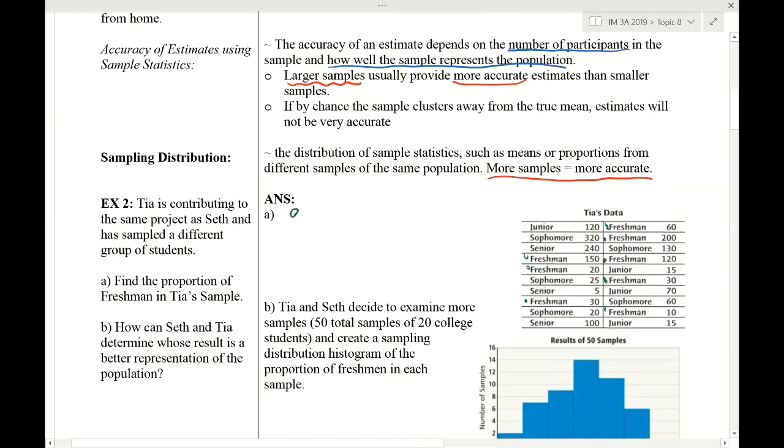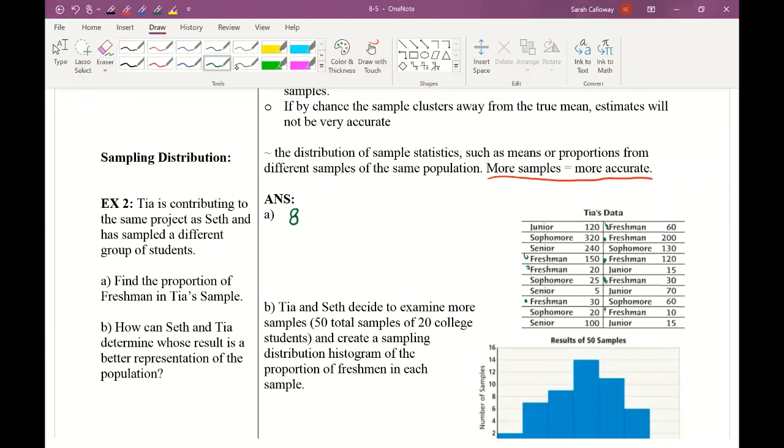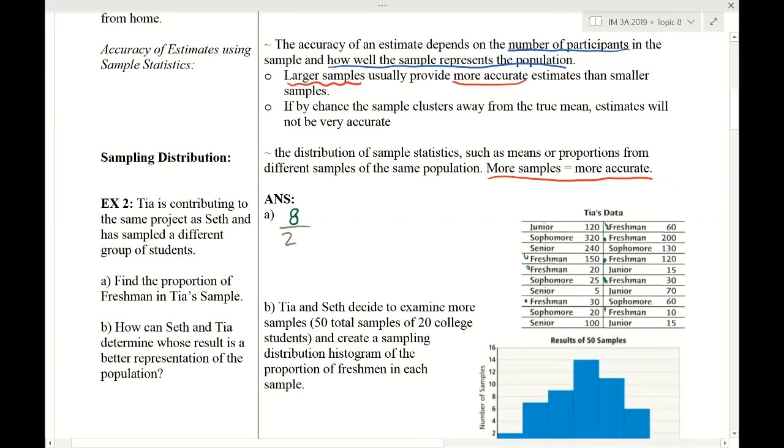So she talked to 8 freshmen out of the 20 people she talked to. And so that's 2/5. She talked to double the amount of freshmen as Seth did, which means that her statistic is 0.4 or 40%.